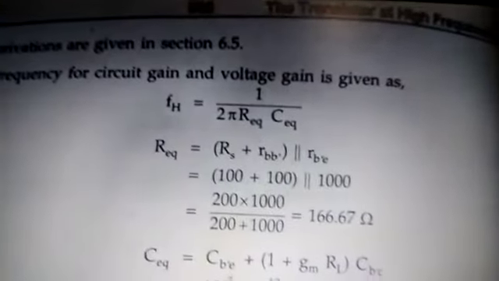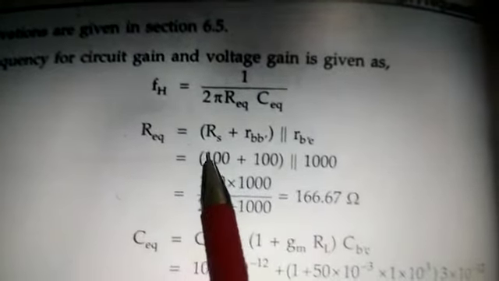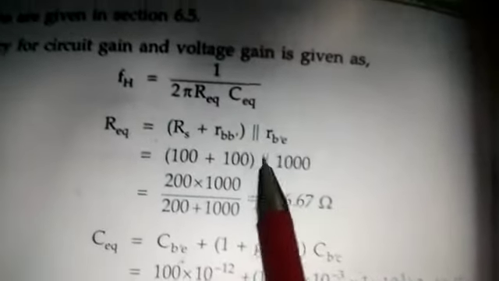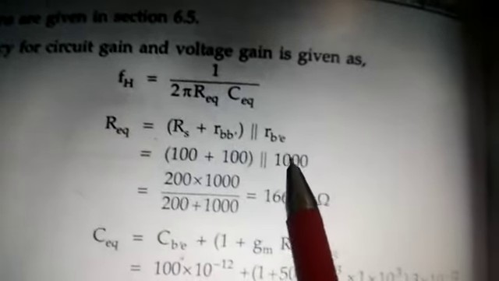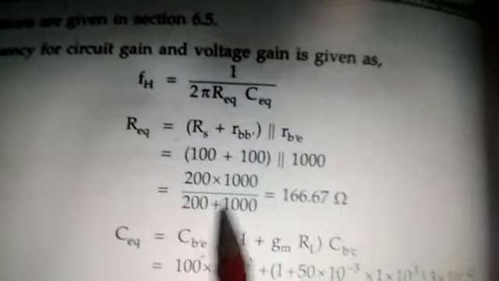You can see here this Rs plus rbb'. Rs is in series with the base spreading resistance, and this is in parallel with rb'e, between the base spreading terminal and the emitter. All the values are given, so you can calculate this R equivalent.